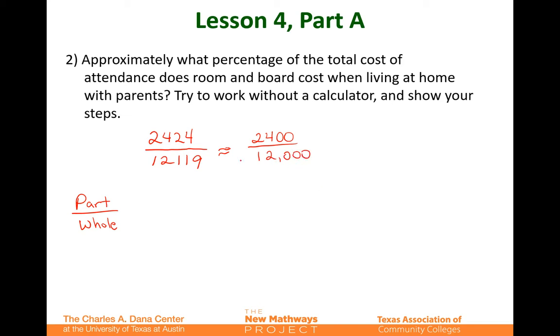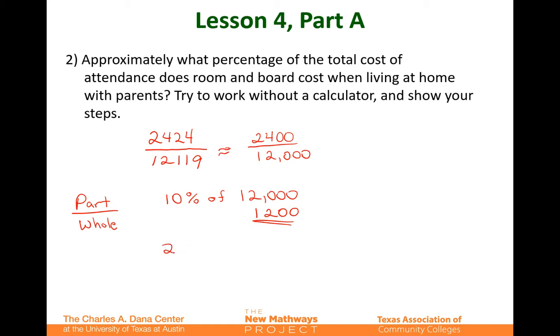Let's do a little thinking. 12,000 is pretty easy. If we're going to do a mental guess, I would say 10% of 12,000 is $1,200. Okay. Well, if we know that 10% is $1,200, then 2,400, that's twice as much.